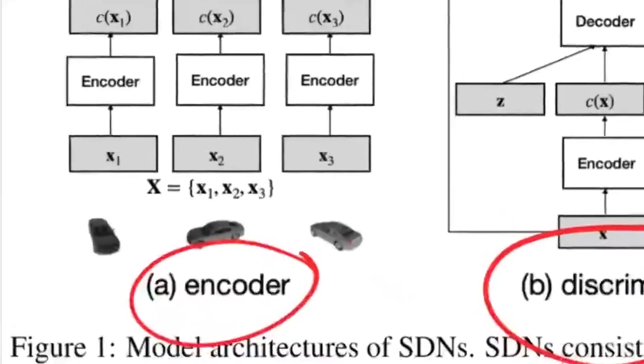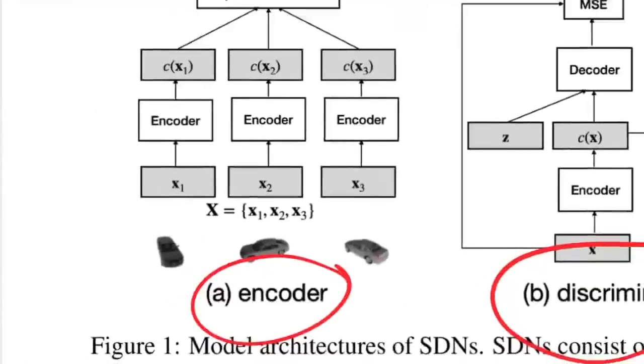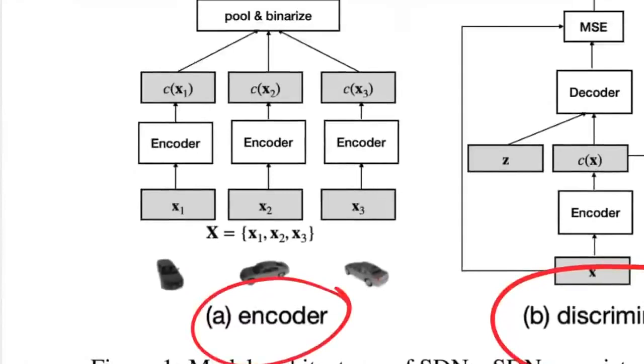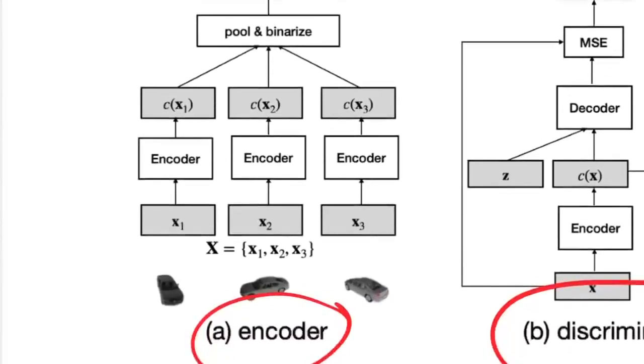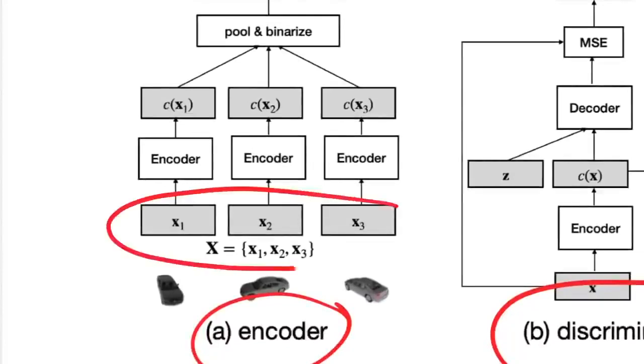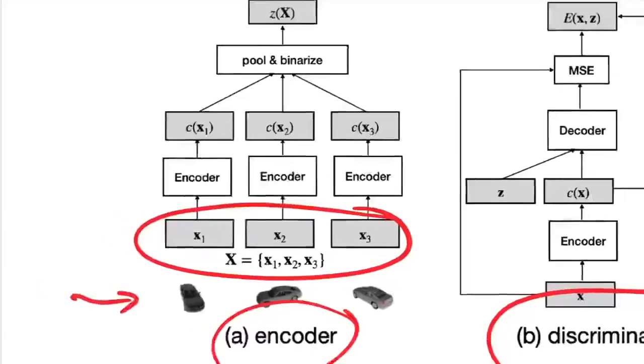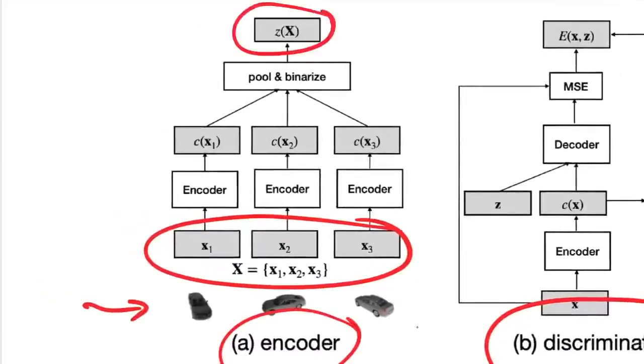So what does the encoder do? And remember, our task here is going to be, the way we train it is going to be by reconstruction, at least one way we train it. So the encoder is going to take this set of images that we give it, for example here, different views of this car, and is going to produce this set representation.